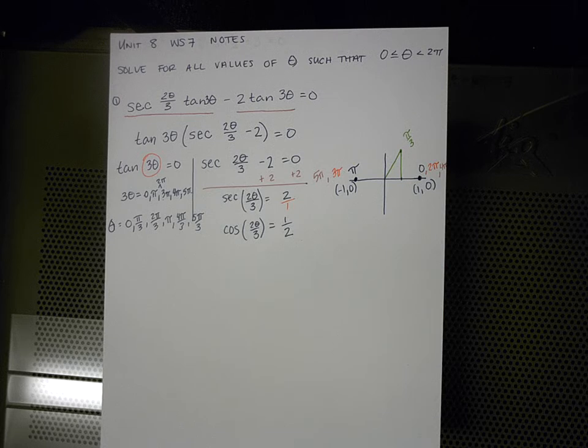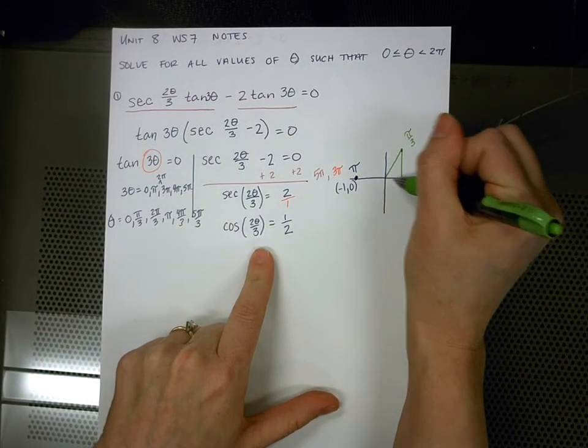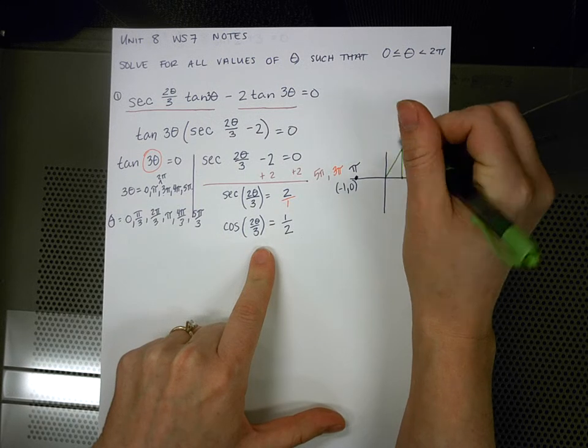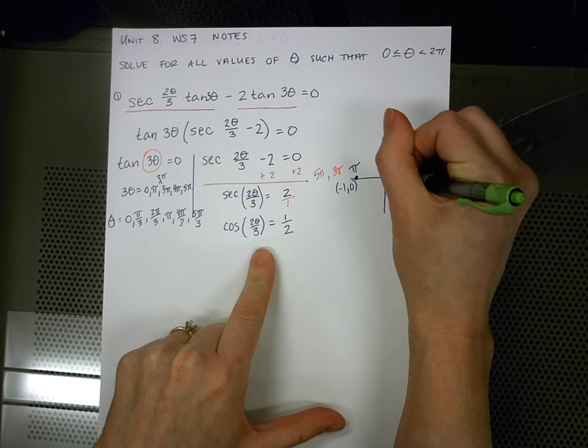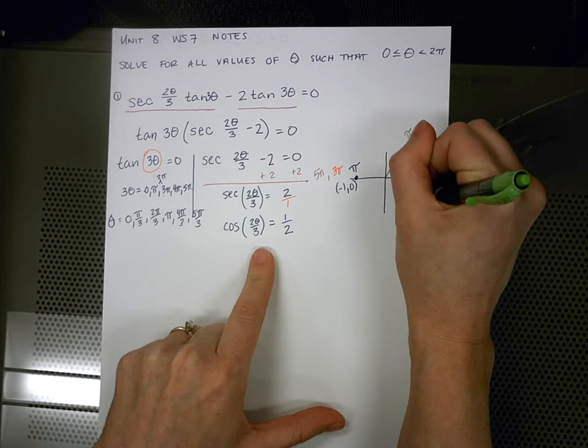All right, so then we also want to find any other values that would give us positive 1/2 for our x value. Now, if we went to the left, that would be negative 1/2, so I'm going to stay on the right-hand side. Positive 1/2, again, is going to be over 1/2 and down root 3 over 2.